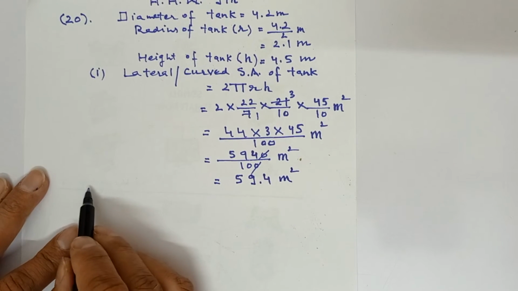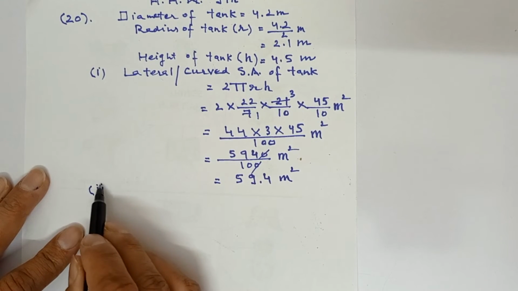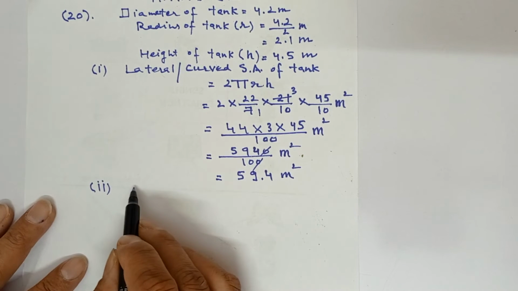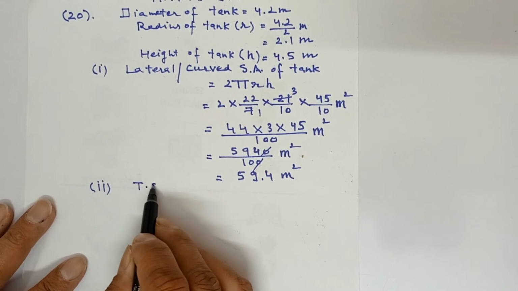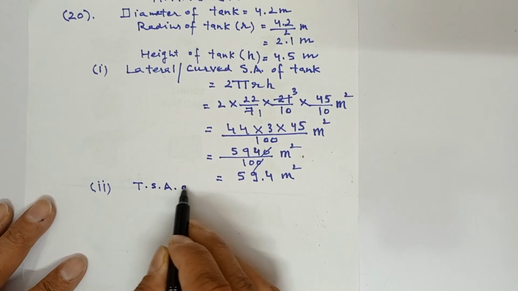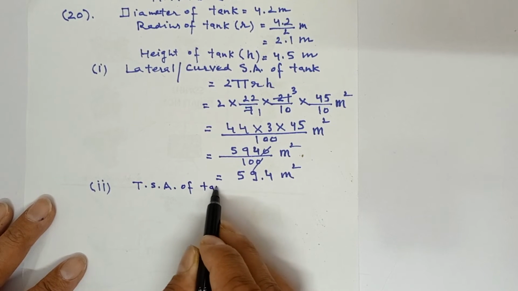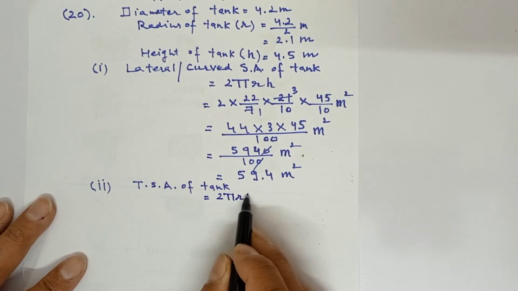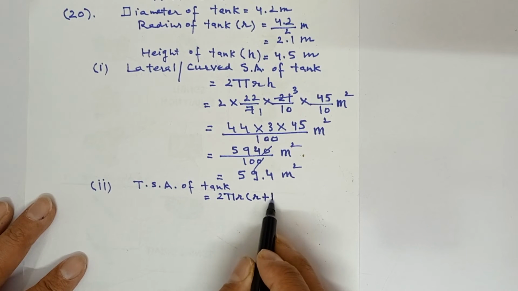Now the second part. In the second part it is asked how much steel was actually used if 1 upon 12th of the steel actually used was wasted in making the tank. So for that you need to find the total surface area of the tank. The formula is 2 pi r into r plus h.